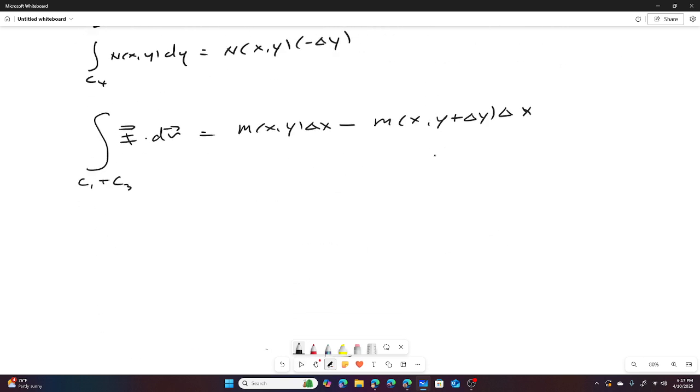We could pull out the delta x and maybe pull out the negative. And what we have is m of x, y plus delta y, minus m of x, y, delta x.